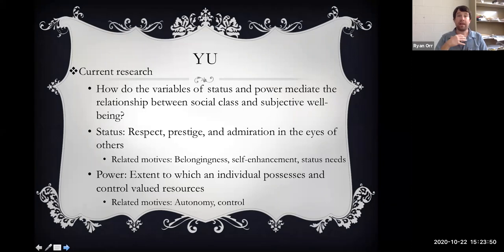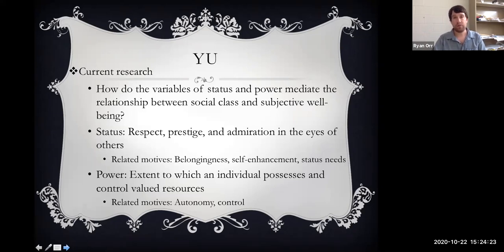And when you receive that social status, then you are getting your needs met. Also self-enhancement. So we have these desires to feel good about ourselves. And often we compare ourselves to other people, compare ourselves to other situations. And in doing so, we feel good about ourselves. Basically, this is when we do downward comparisons, when we look at ourselves as being better than other people. And that provides the self-enhancement motive.